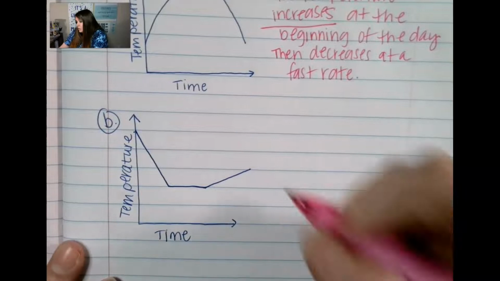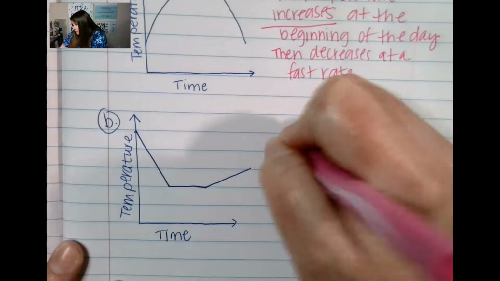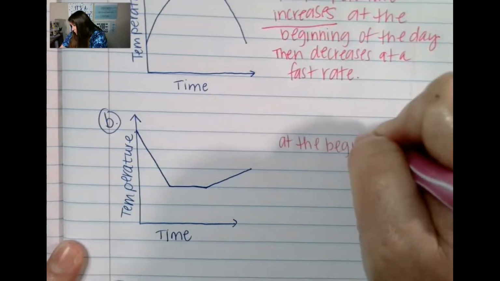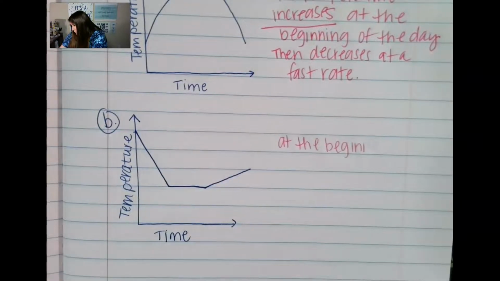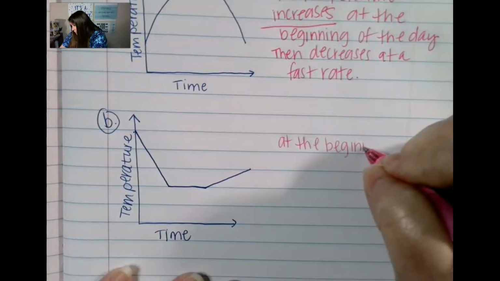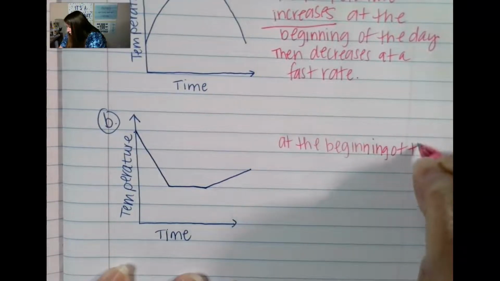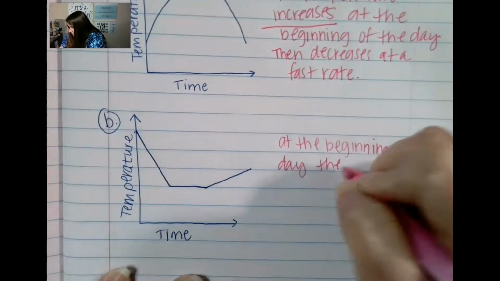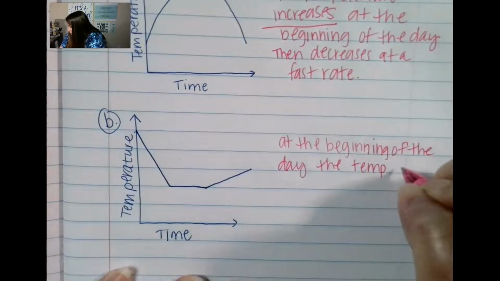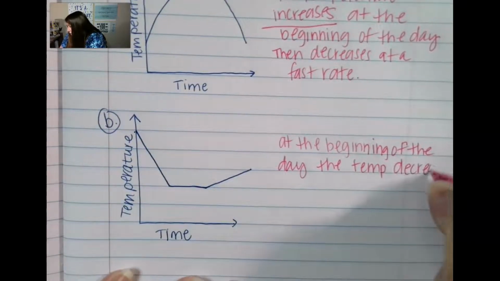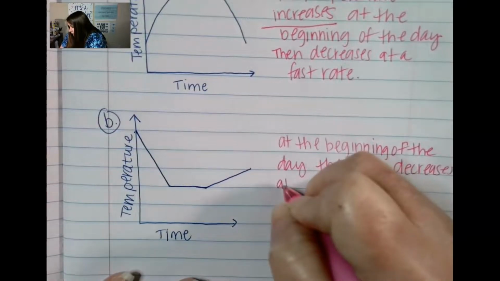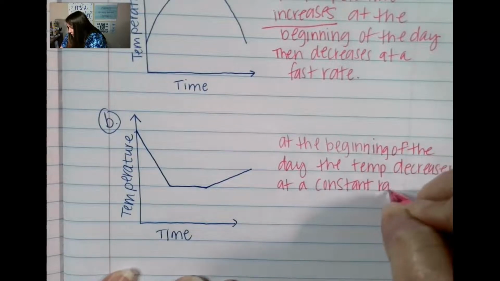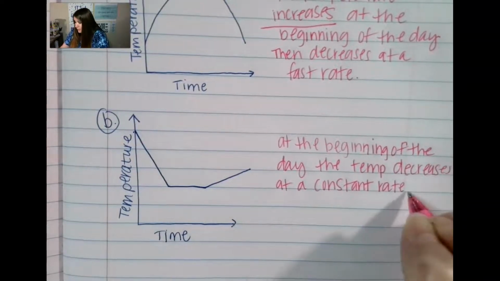So the temperature decreases, so at the beginning of the day, the temperature decreases or goes down at a constant rate. Okay, that's where that slope comes in.